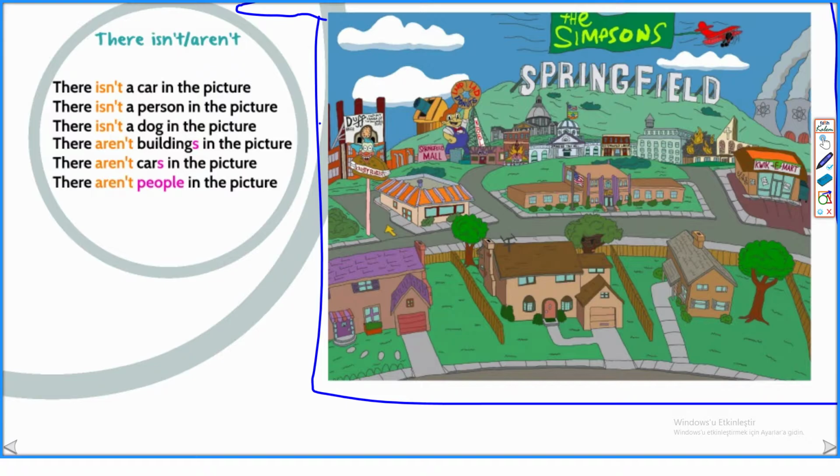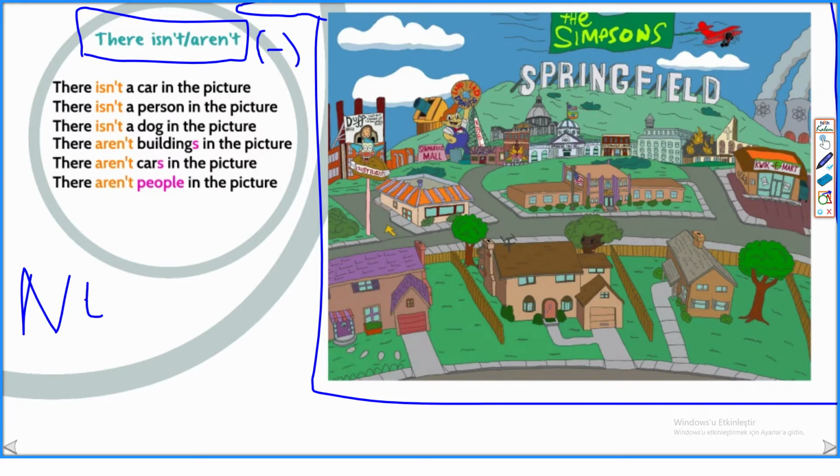And what about what we don't have in this picture, because our topic is there is and there are, but in negative. It is negative, guys. There isn't a car in the picture. Look out, I can't find a car, and that's why there isn't a car in the picture.